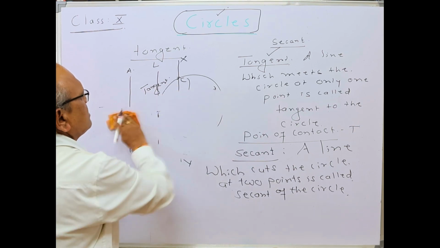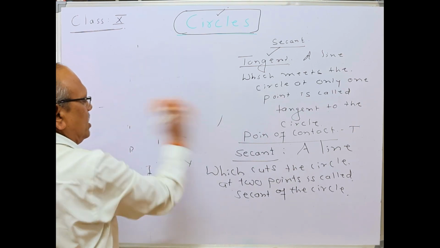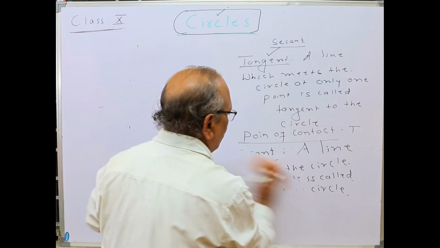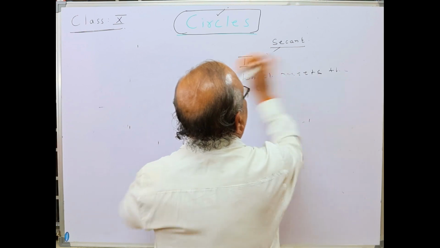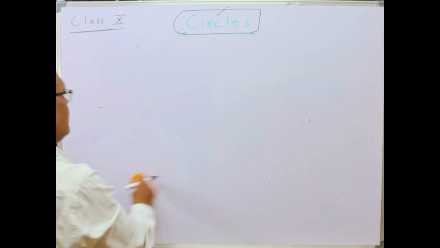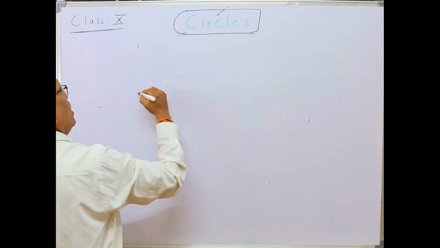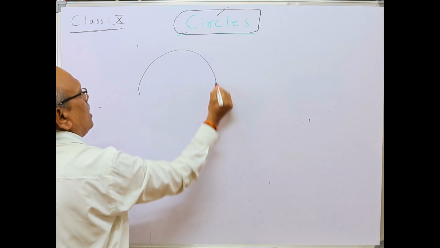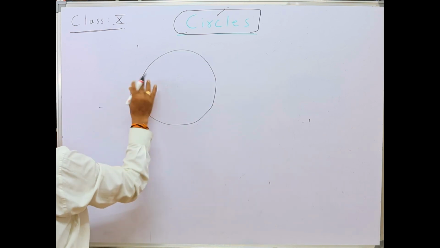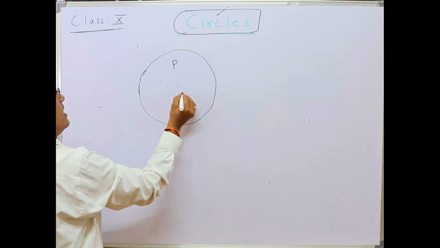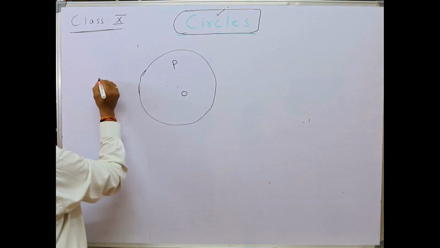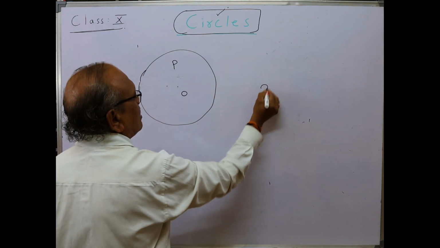See, let us learn a little more about how the tangents can be drawn to a circle. Suppose that I take a circle here, right? Suppose that there are 3 points. One point is inside the circle, O is the center of the circle. One point is outside the circle.